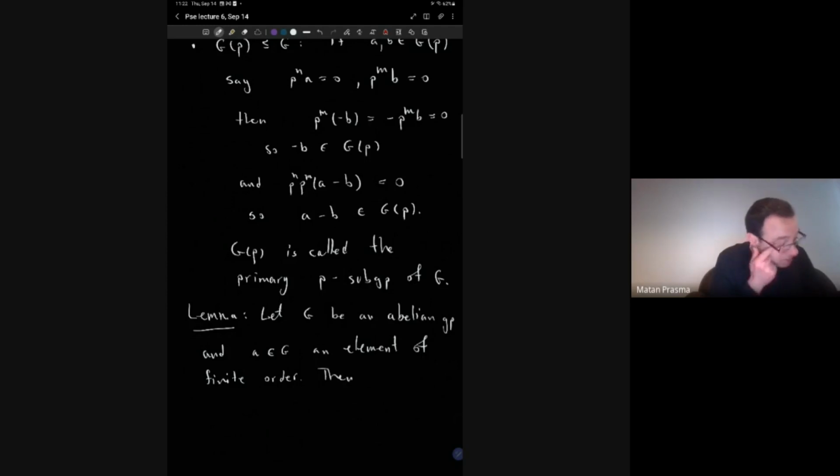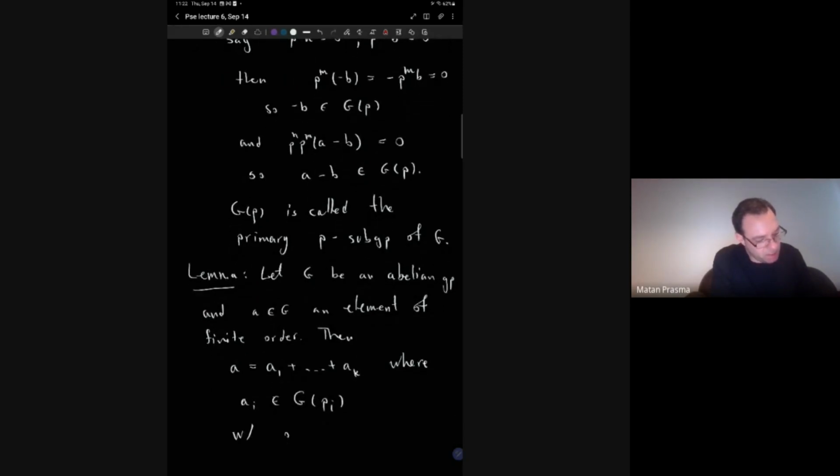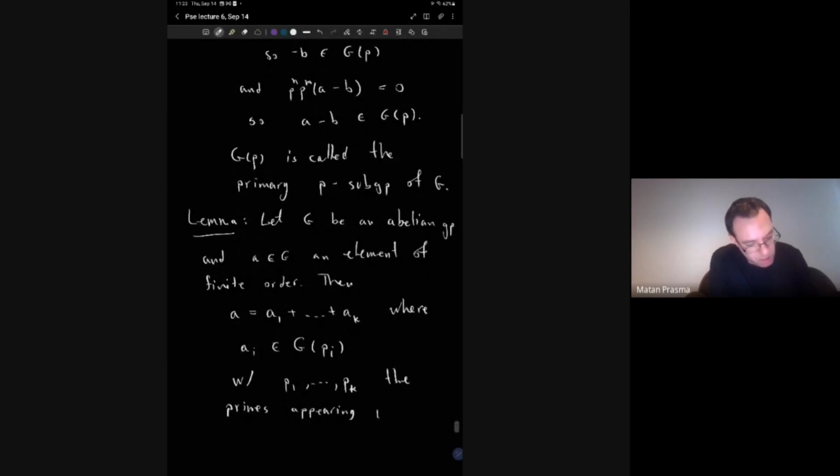Then I can write a as a sum, a1 plus up to ak, where the ai is an element in G_pi, with p1 up to pk the primes appearing in the decomposition of the order of a. Okay, and these are distinct.